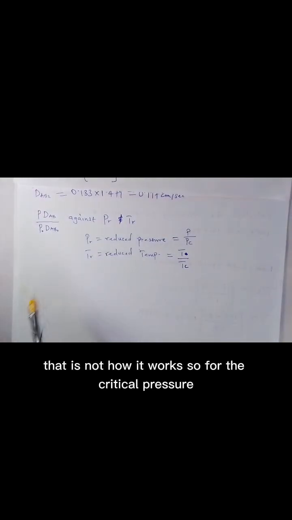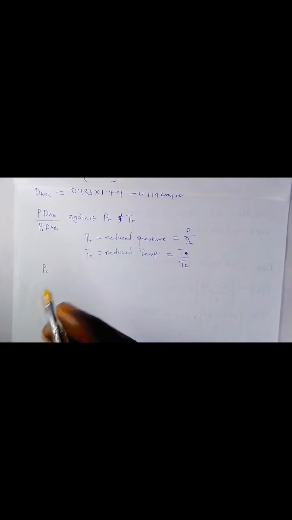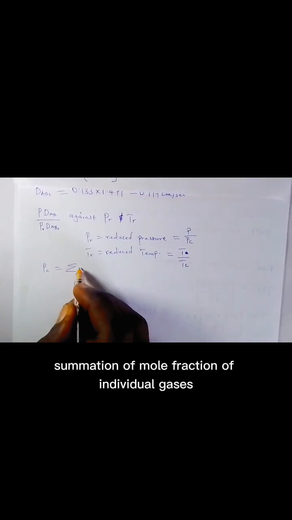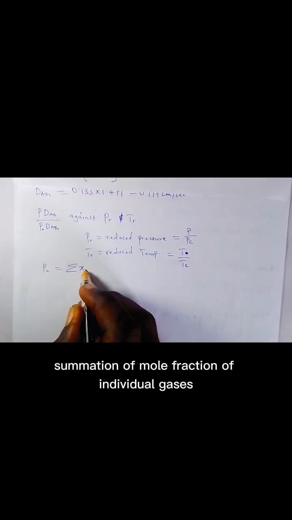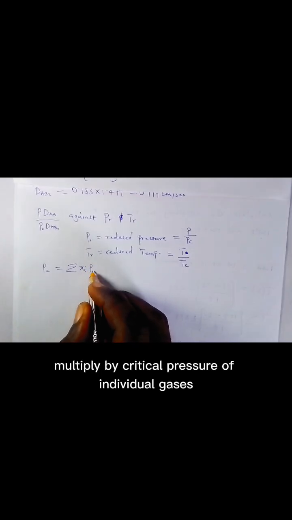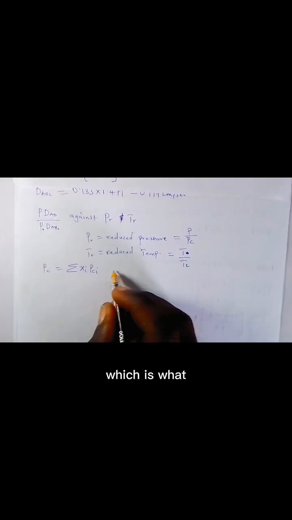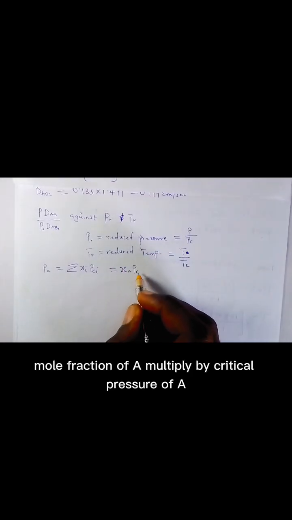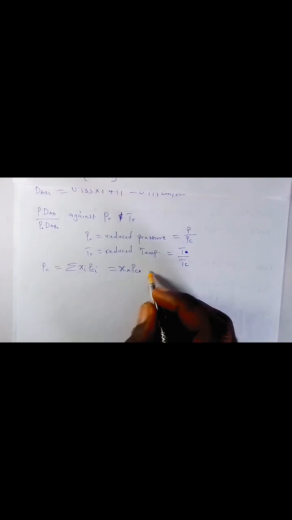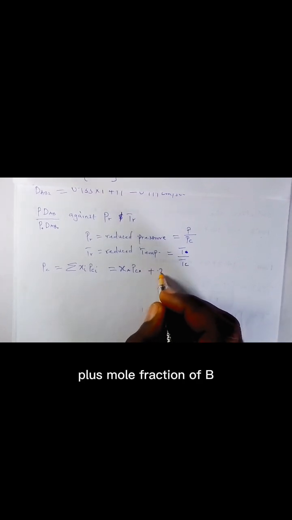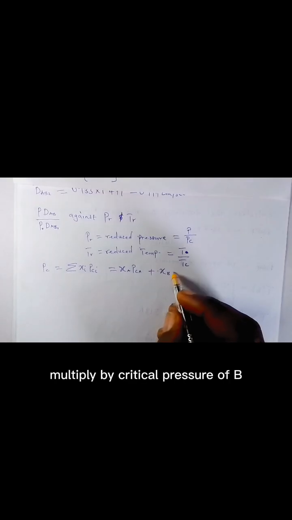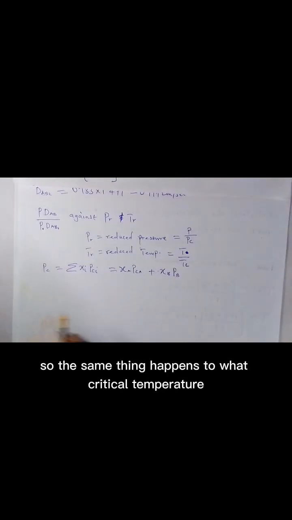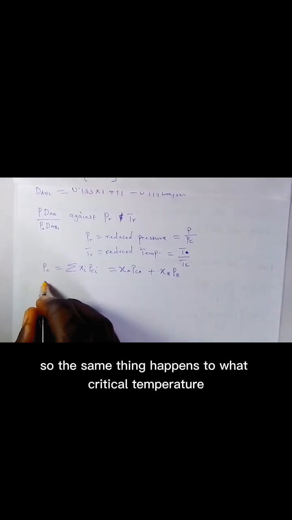So for the critical pressure, we make use of this formula: summation of mole fraction of individual gases multiplied by critical pressure of individual gases, which is mole fraction of A multiplied by critical pressure of A plus mole fraction of B multiplied by critical pressure of B. The same thing happens to critical temperature.